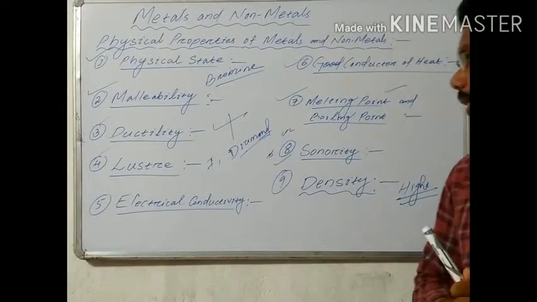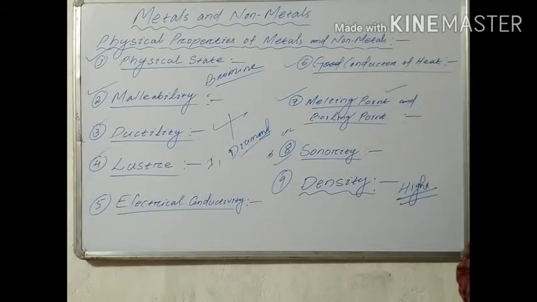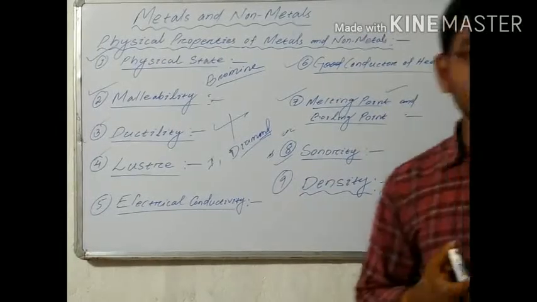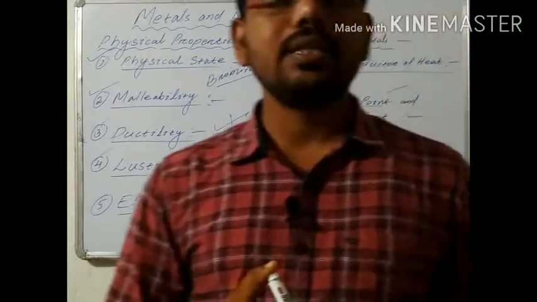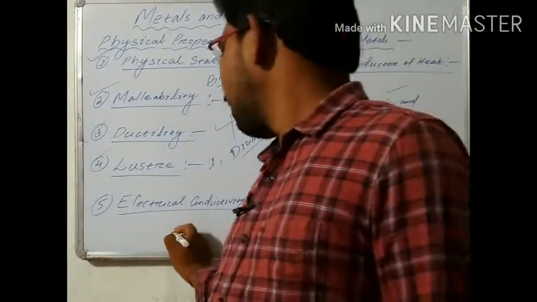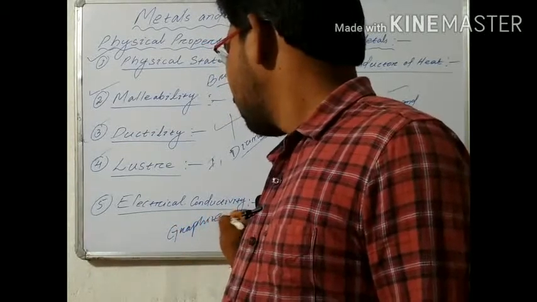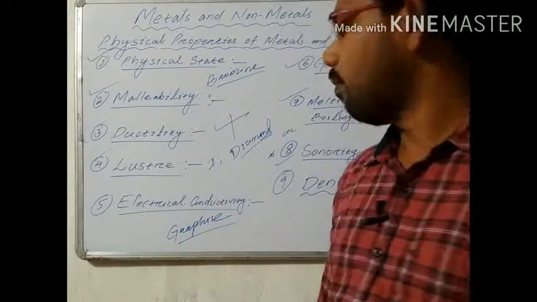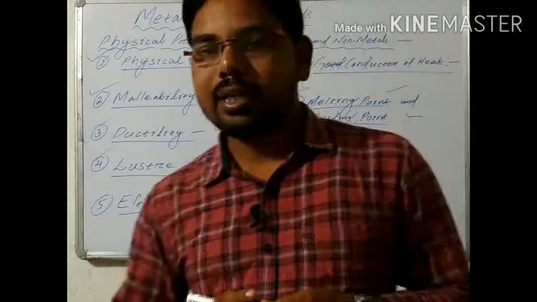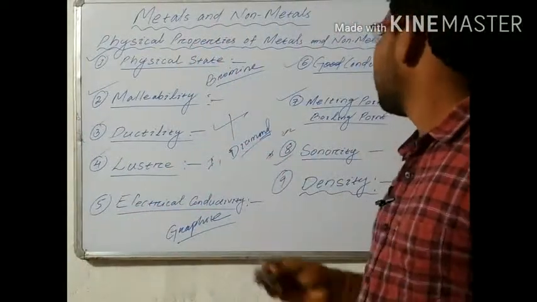So next is electrical conductivity. Most of the non-metals are poor conductors of heat and electricity, but graphite is the only non-metal that is a good conductor of electricity. Which one? Graphite. Graphite is an allotropic form of carbon, and it helps to conduct electricity. Next is conduction of heat.